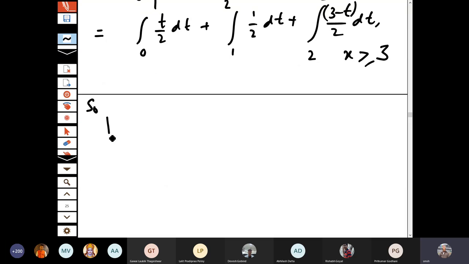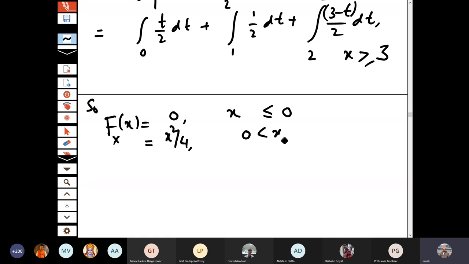So capital F becomes 0 for x less than or equal to 0. Then it is equal to x square by 4 for 0 less than x less than or equal to 1. Then it is equal to 1 by 4 plus, now next one is 1 to x, so that is (x minus 1) by 2 for 1 less than or equal to x less than 2.